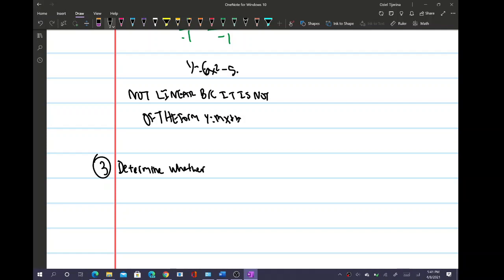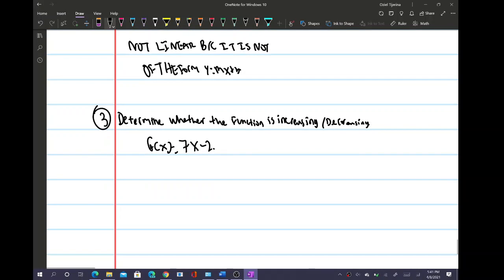whether the function is increasing or decreasing, right? Now, we have f of x equals 7x minus 2.